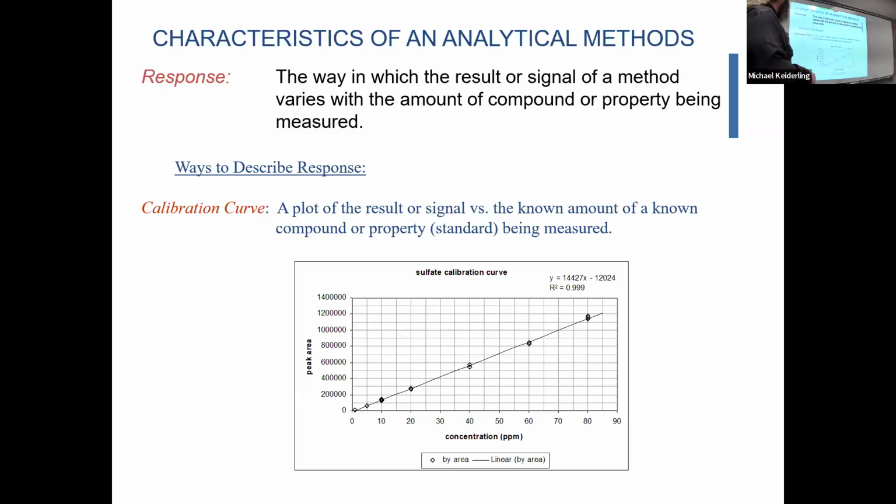So here it was the sulfate calibration curve. This is the peak area versus concentration. So for example, when we look at gas chromatography, one of the things we'll be looking at is peak area is proportional to concentration.